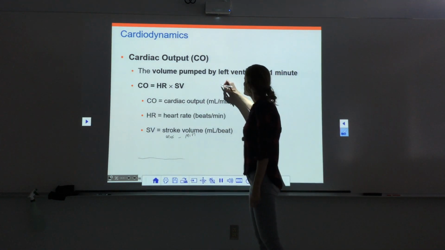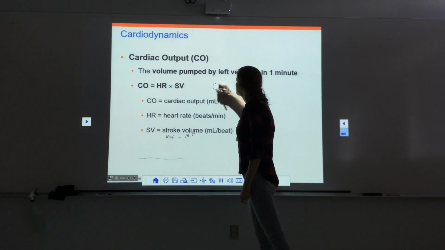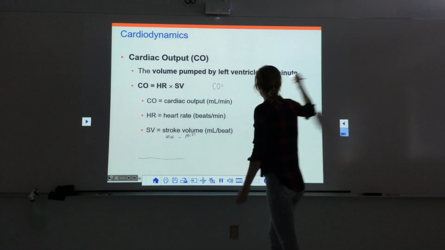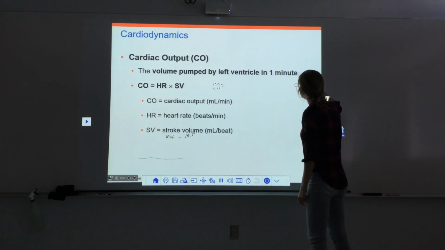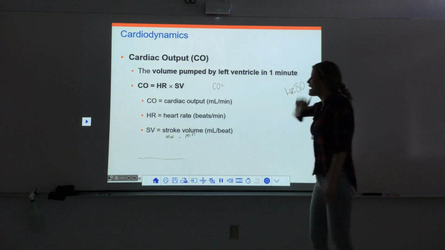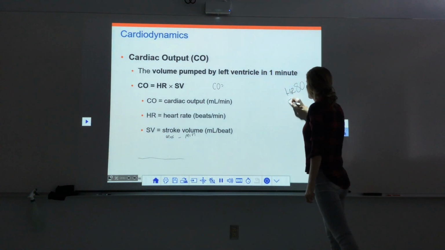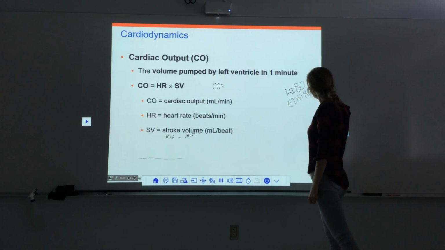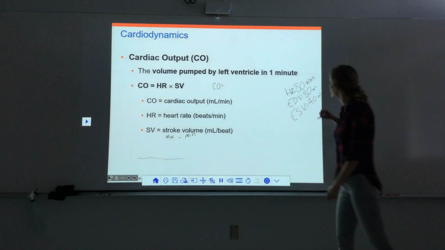The heart rate we do in beats per minute. So if we were doing cardiac output, and say the heart rate was 80, and say the end diastolic volume was 80, and the end systolic volume was 40 mLs, and that's beats per minute.